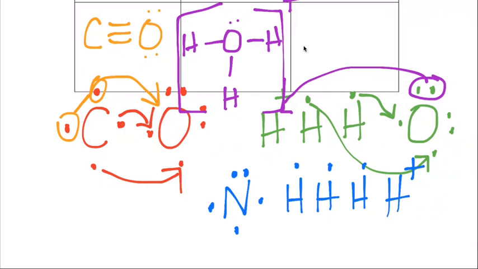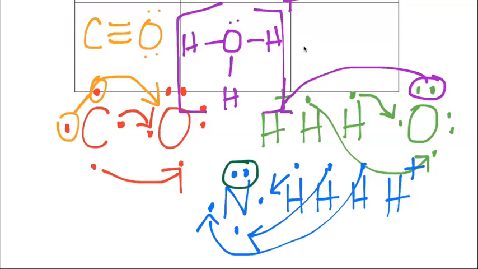So normally when you have nitrogen and hydrogen, 3 of these hydrogens are going to bond with the 3 single electrons on the nitrogen. And usually you get NH3, ammonia, which is what's in Windex and glass cleaners and things like that. It's a base. But sometimes when it reacts with an acid, it's going to take a hydrogen ion from that acid. And so the nitrogen says, hey, I have this other pair of electrons up here.